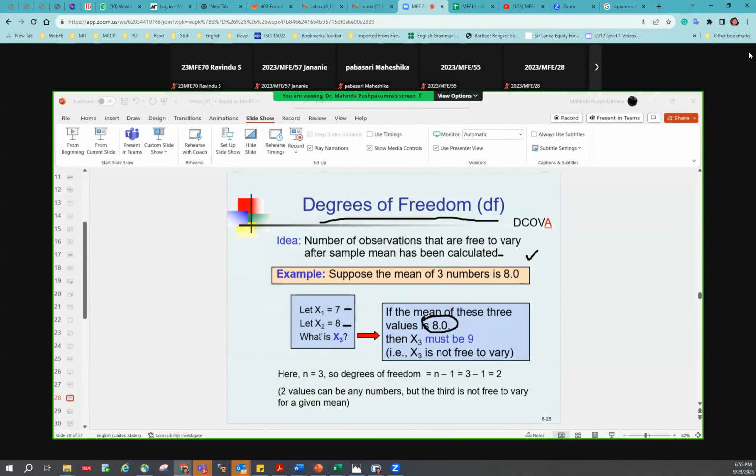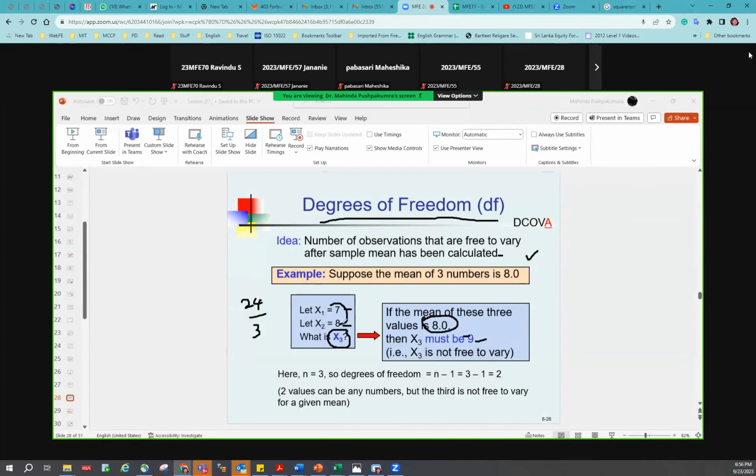Then definitely the third value should be 9. Why? The sample mean, that means 7 plus 8 plus 9 is 24, divided by 3. The sample mean should be 8.